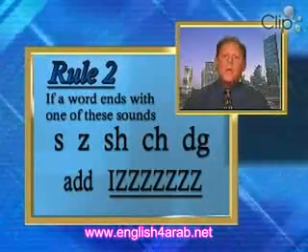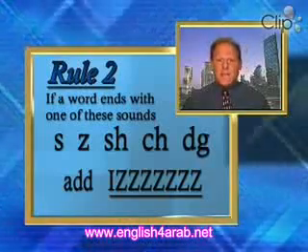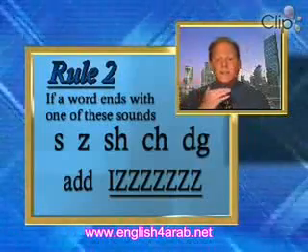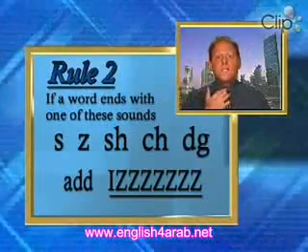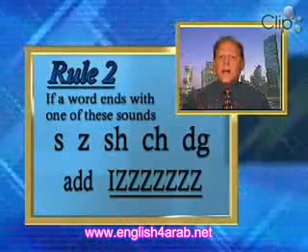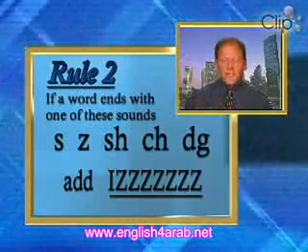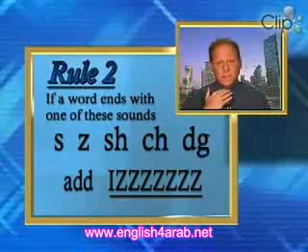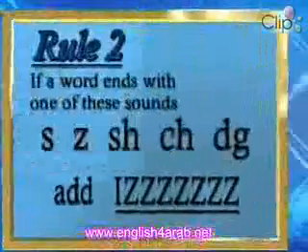It will become automatic. When you add an S ending, this time we always add the ending iz with a voiced Z. It doesn't matter that it's spelled with an S. It's never iz, unvoiced, never. It's always iz with a voiced Z.